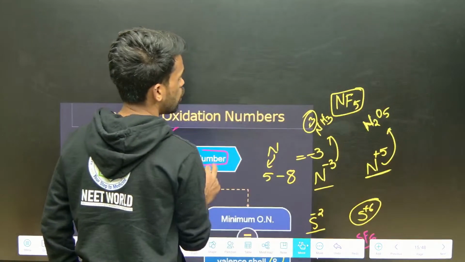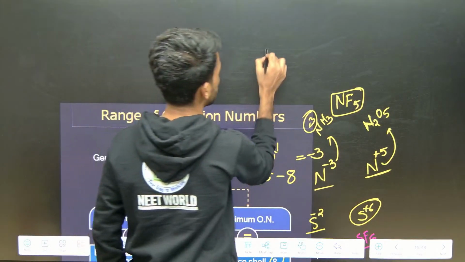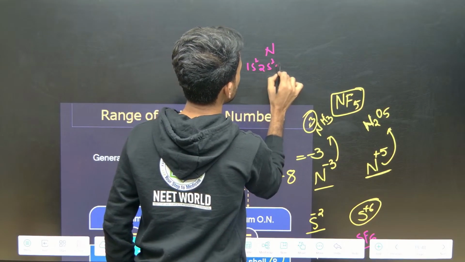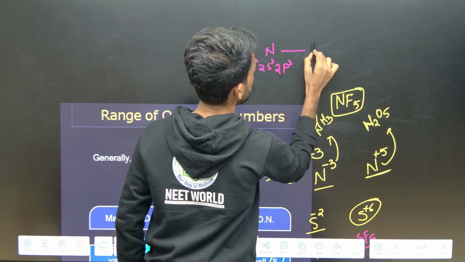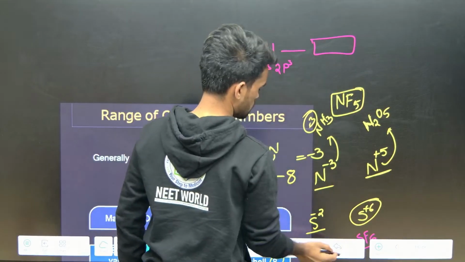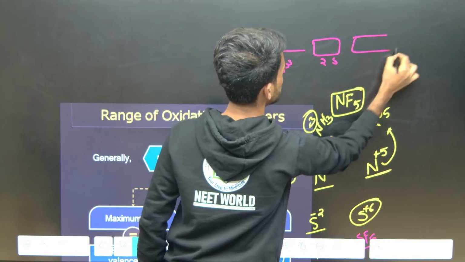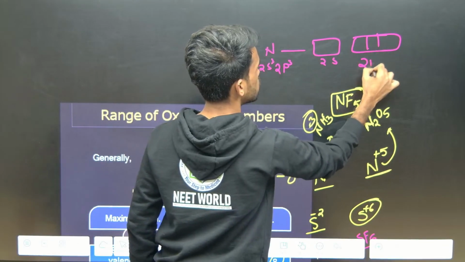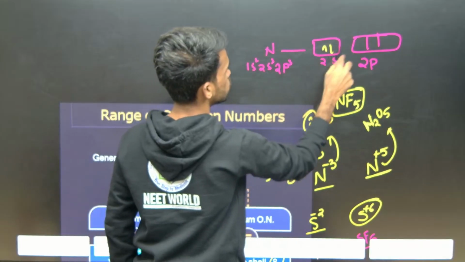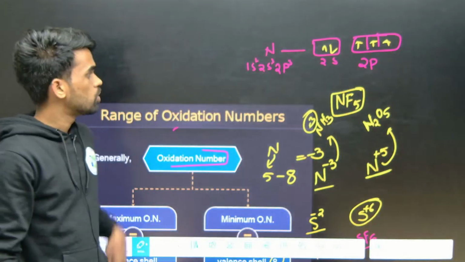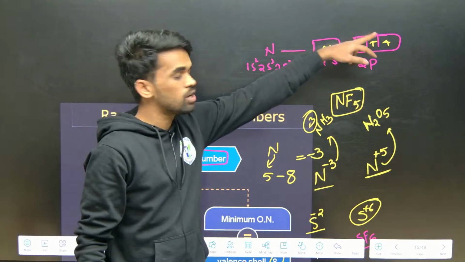See, how many orbitals are there with nitrogen? You write 1s2, 2s2, 2p3. So there is a 2s orbital and there are 2p orbitals. Fill these electrons, 1, 2, 3, 4, 5, the valence electrons. Now how many orbitals do we have?